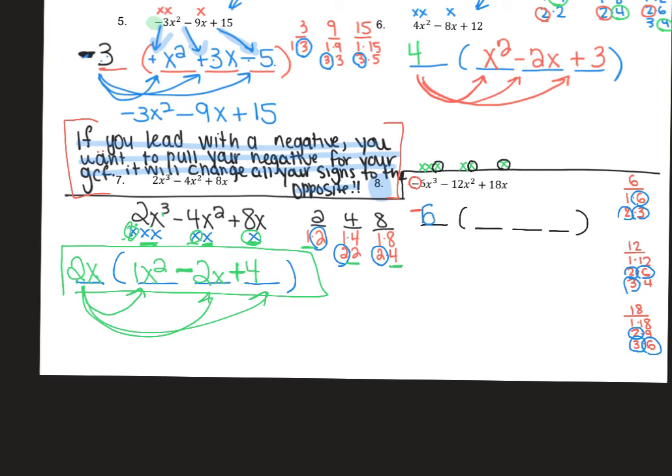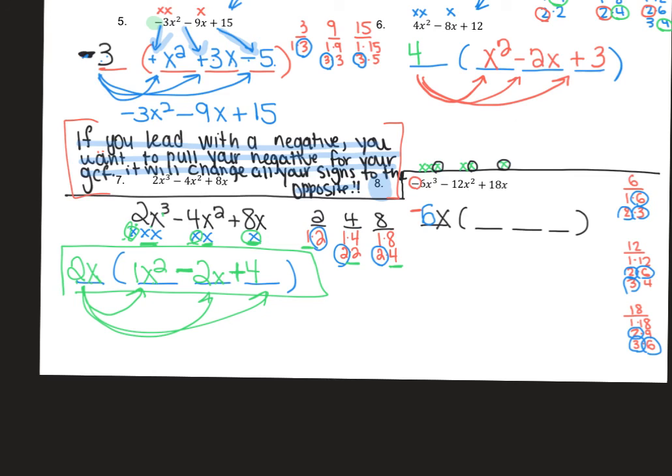That only has 1 to take. I have to take an equal amount from all of them. So that one only allows me to take 1 from all of them. So x there. So my GCF is negative 6x.